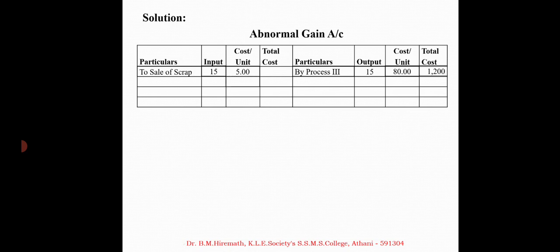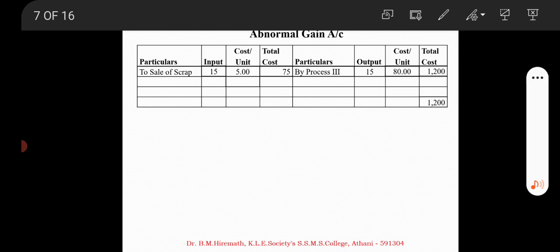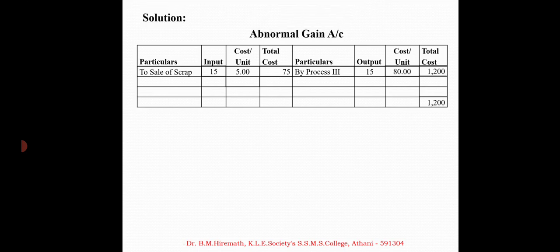In process 3, scrap is sold at rupees 5 per unit. 15 units into 5, 75 rupees might have been realized through the sale of scrap, but the remaining amount, 1200 minus 75, is the loss. Get the total, and balance is 1125. That amount is to be transferred to costing profit and loss account. So this is abnormal gain account.